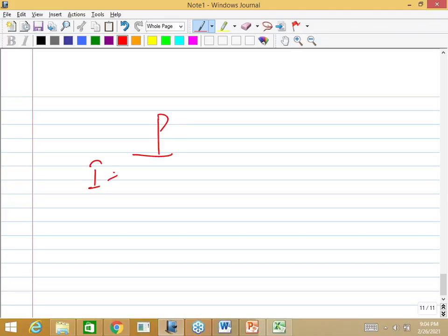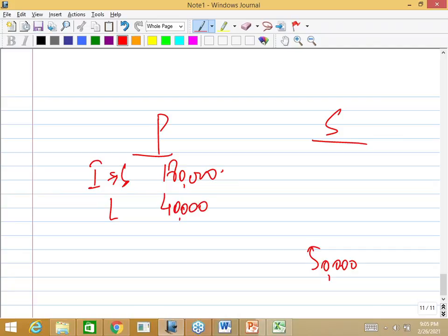The parent company has invested in the subsidiary company the value of 1,80,000. In the books of the subsidiary company, there is a loan of 50,000, out of which the parent company has invested 80%. So 40,000 of this loan will be related to the parent company, and the remaining will be other investments. That is 10,000.